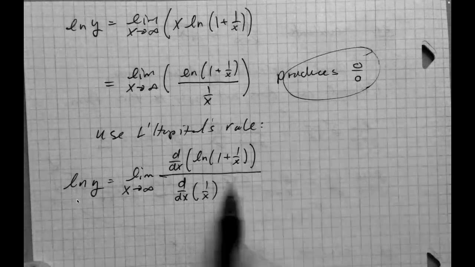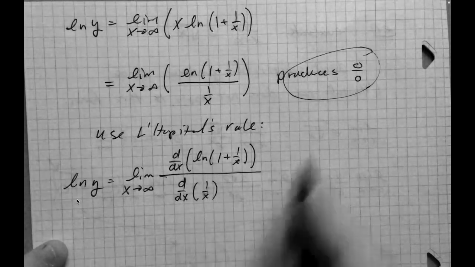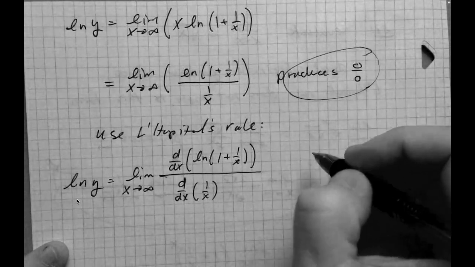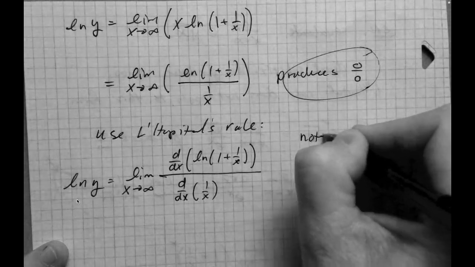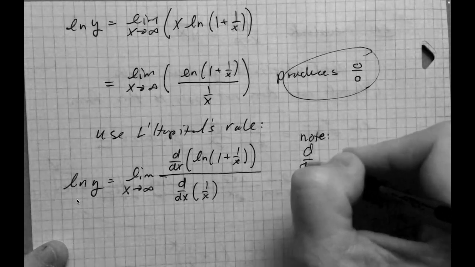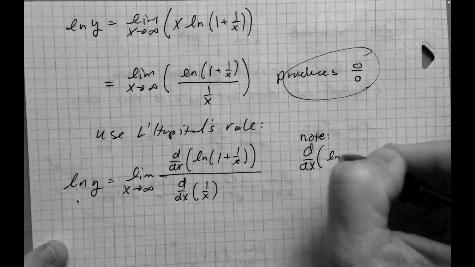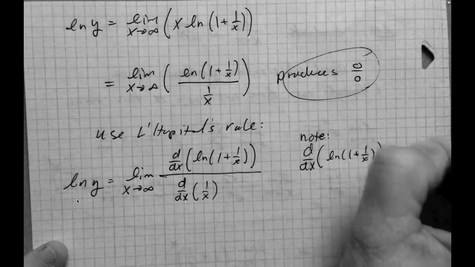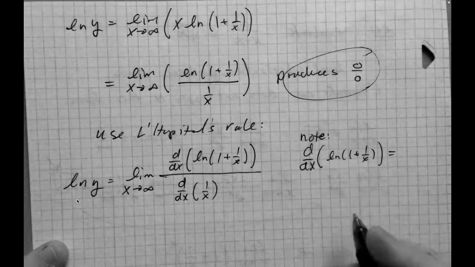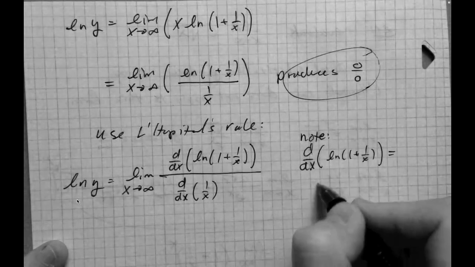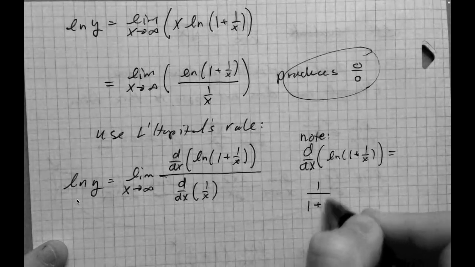Now, off to the side here, what is this derivative? That's a little bit tricky. All right, let's see here. So note, we'll just write this off to the side, d dx of natural log of 1 plus 1 over x. Now, you have to use the chain rule, right? So the derivative of the natural log of this expression is just going to be 1 over that expression.